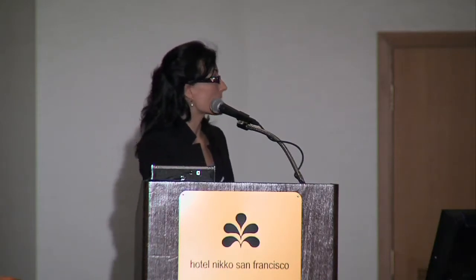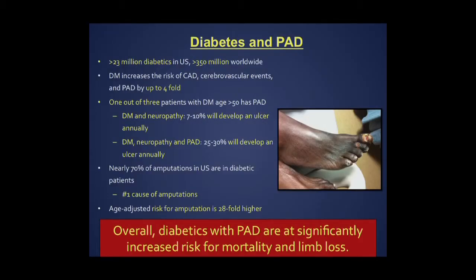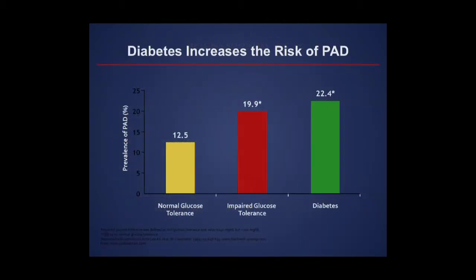Diabetes is the #1 cause of amputation in the US. If we look at the age-adjusted risk for amputation, it's 28-fold higher. So diabetics with PAD are at significantly increased risk for mortality and limb loss. Let's look at a little bit more numbers. You could see here that with impaired glucose tolerance and diabetes, your risk of PAD is higher.